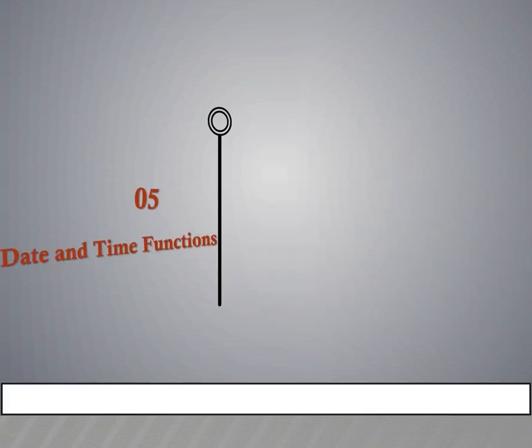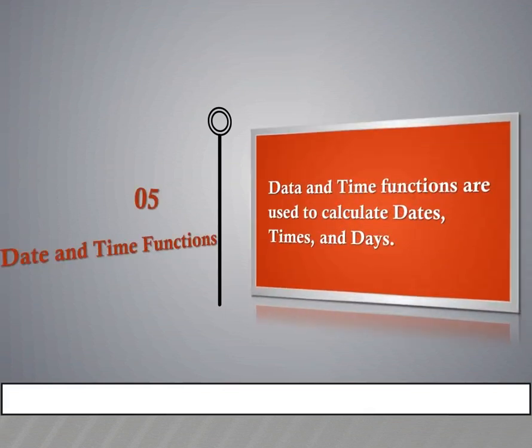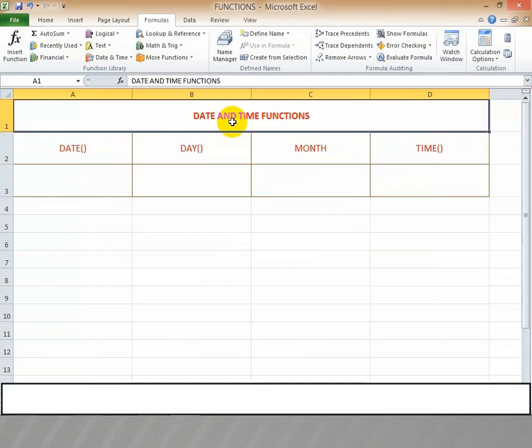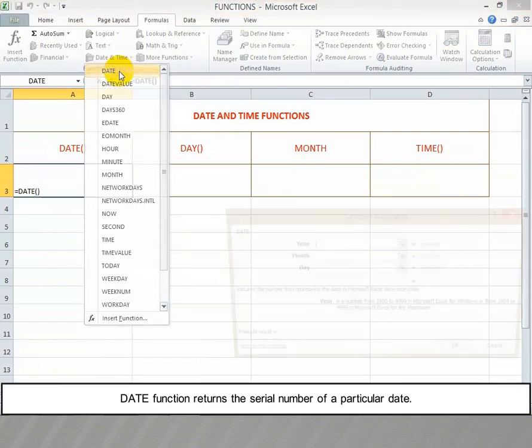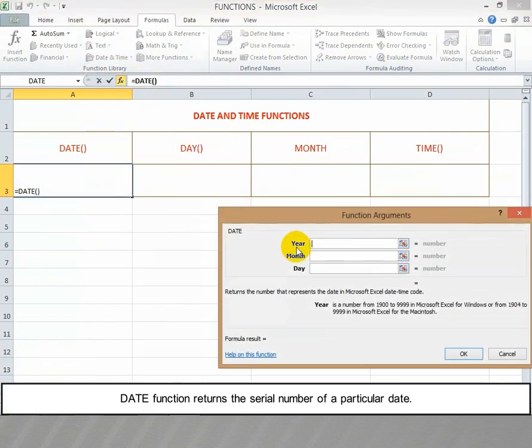Date and time functions. Date and time functions are used to calculate dates, times, and days. Date function. Date function returns the serial number of a particular date.